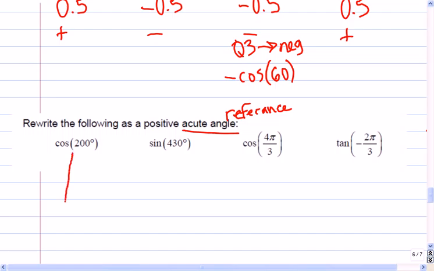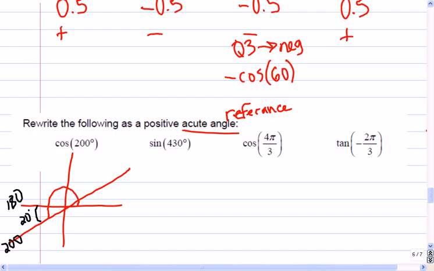So if you were to do this one, you know, maybe you need a bit of a refresher, that's fine. So 200 degrees in standard position is over here. Okay, that means the reference angle is this piece right there. So if this is 180 right here, and this is 200, then the middle of the reference angle must be 20 degrees. Okay, so the reference angle is 20.